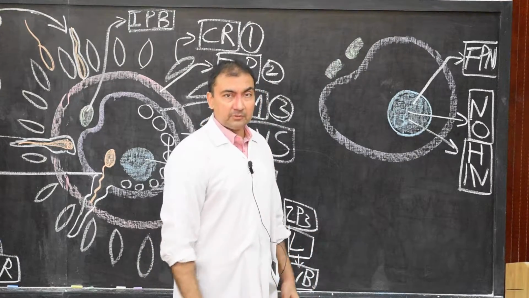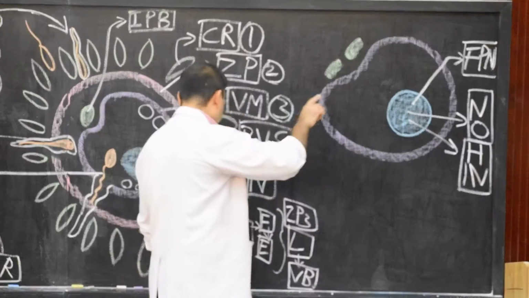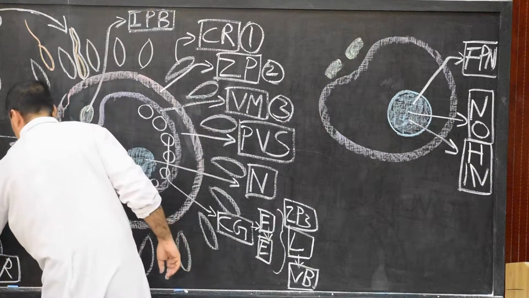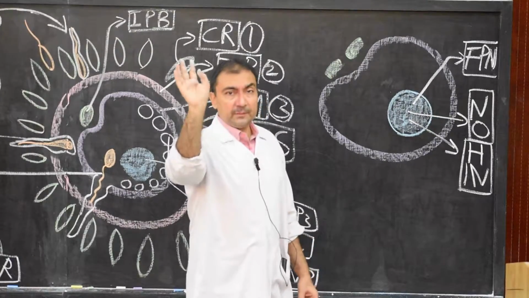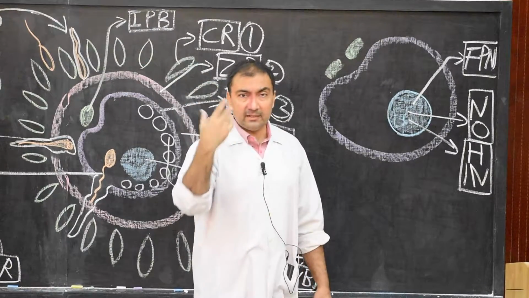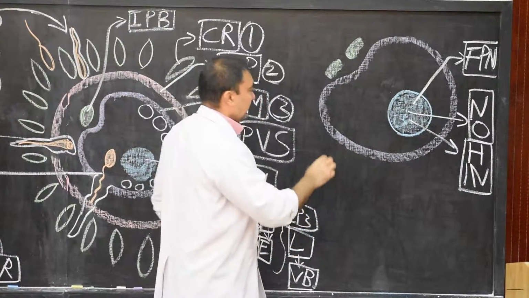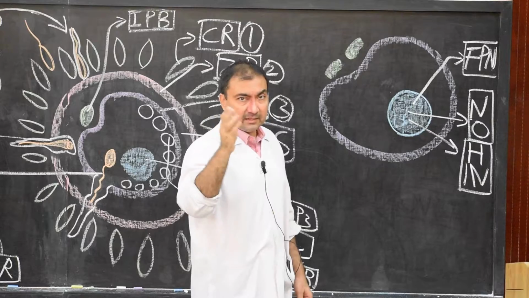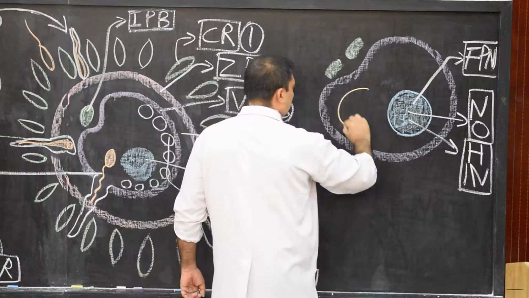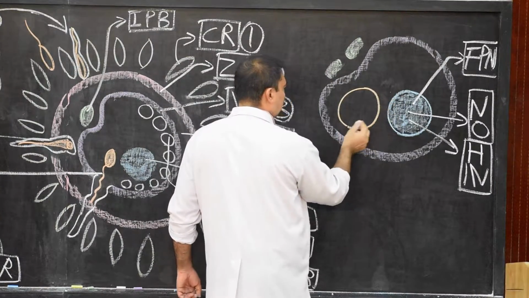What about the spermatozoon which has entered inside? The tail of the spermatozoon will disintegrate and only the head will remain, and that head will be converted into the nucleus.